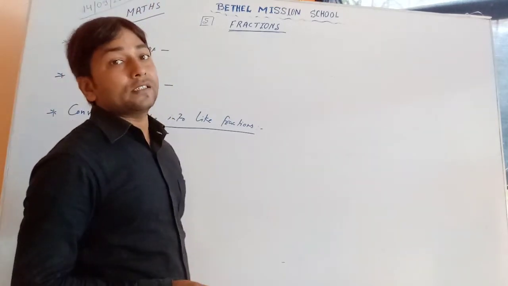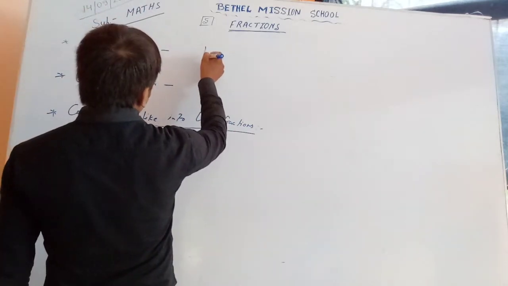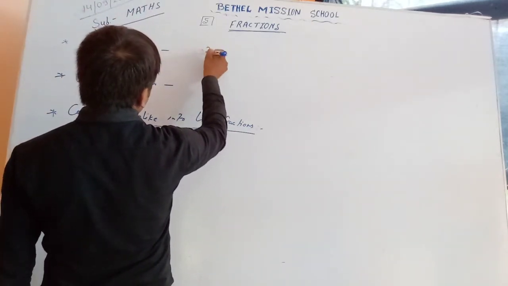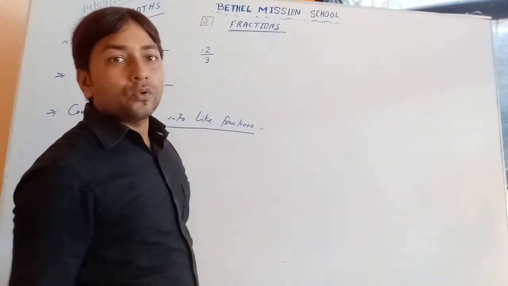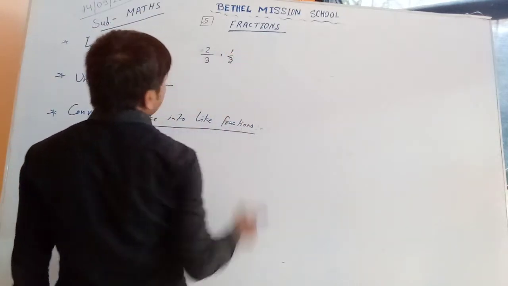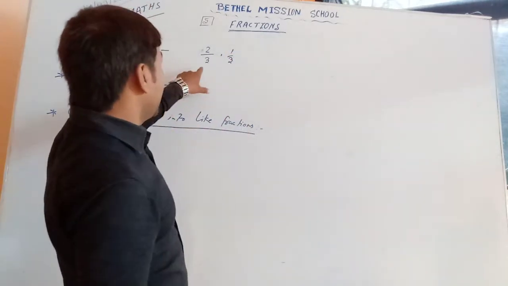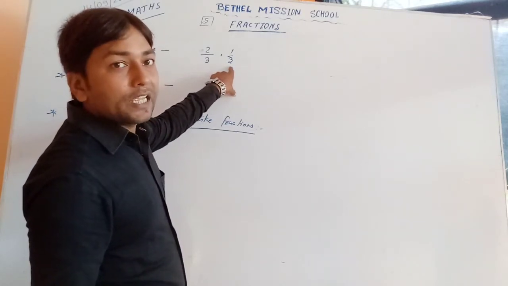Okay, so now, like fractions. What are like fractions? Two or more than two fractions, if the denominators are equal, are said to be like fractions.